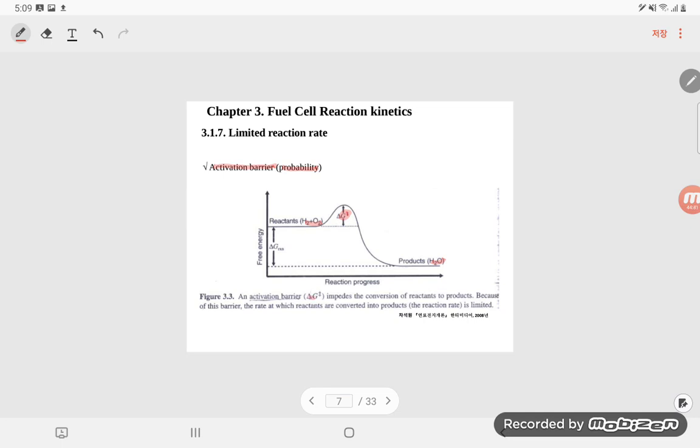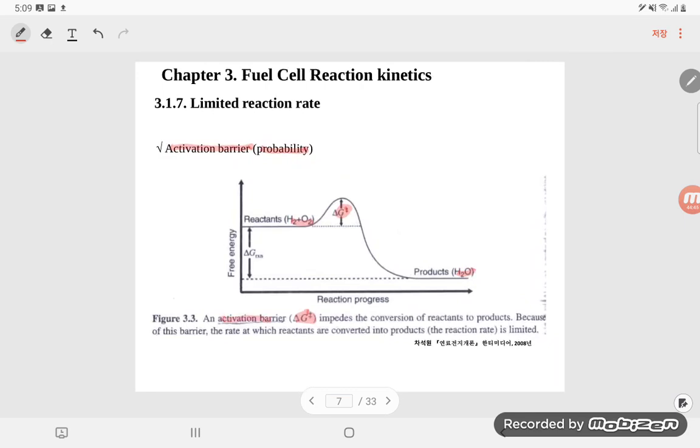So in here, delta G double dagger is the activation barrier. This impedes the conversion of the reactant to product, right? That is a barrier, and because of this barrier, the rate at which reactants are converted into product is limited.